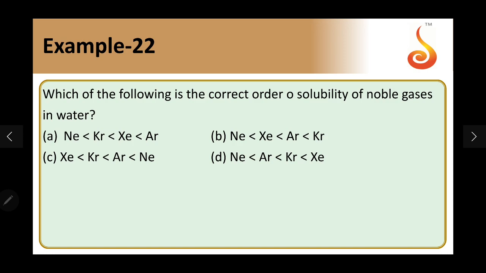Neon will have the least solubility because it is very small, very inert, and doesn't have solubility at normal temperature. Van der Waals forces will matter, and they are very least for neon. So as you go down the group in the noble gases, the solubility increases. Neon is least and xenon should be maximum. So the option should be D.